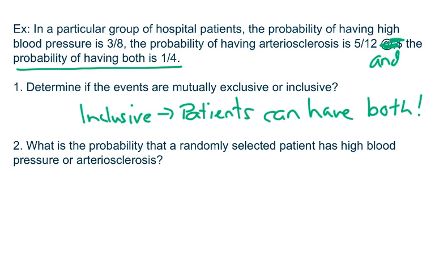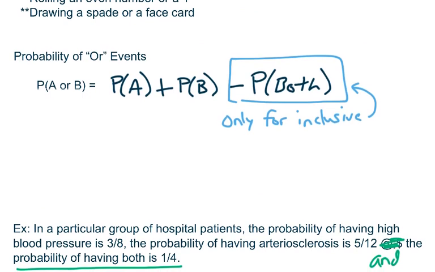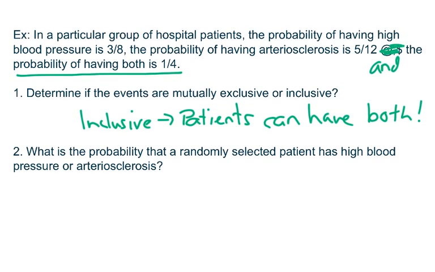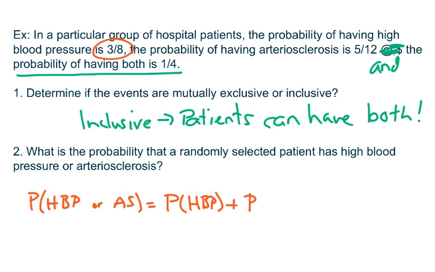Question number 2, what's the probability that a randomly selected patient has high blood pressure or arteriosclerosis? All right, so we're talking or probability. So we're going to add the two individual probabilities together. So blood pressure is 3/8. The probability of high blood pressure, HBP, or I'm going to abbreviate arteriosclerosis as AS, is equal to the probability of high blood pressure plus the probability of arteriosclerosis minus the probability that the patient has both.